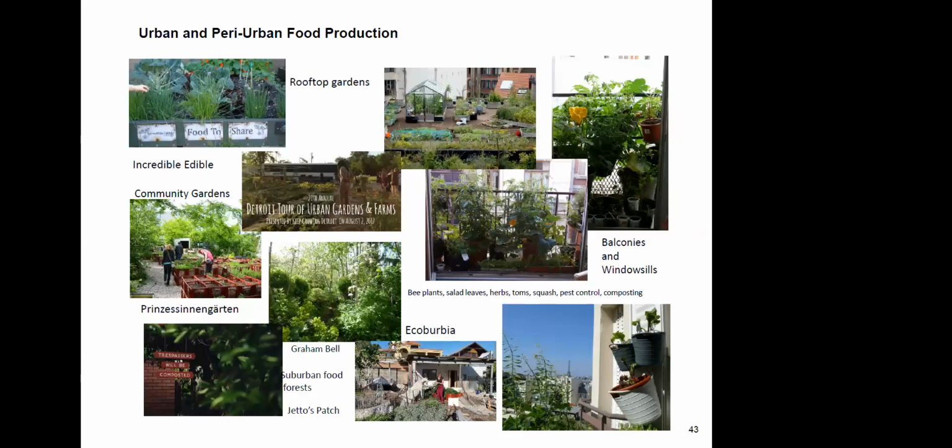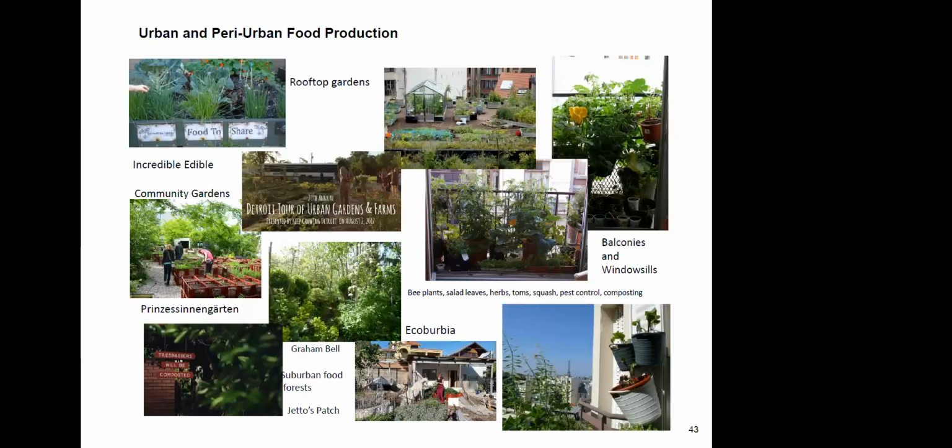The plants that need shade are lower down. You can also do a little bit of composting in there. You can use it for seedlings. You can even recycle water. What I usually do as well is I make sure that I also have bee plants, salad leaves, herbs, tomatoes, squash, pest control plants that will attract pest control insects, and somewhere where I can do a bit of composting.